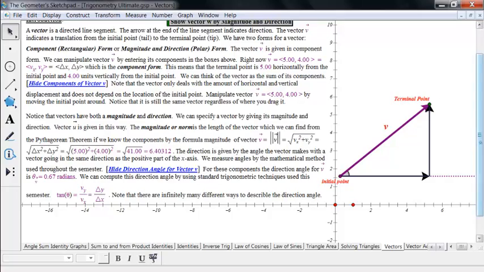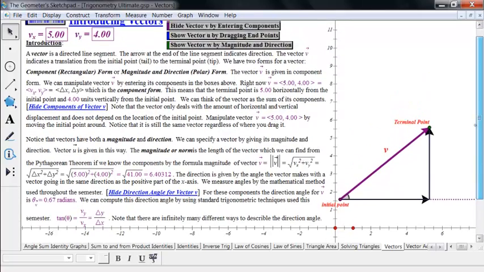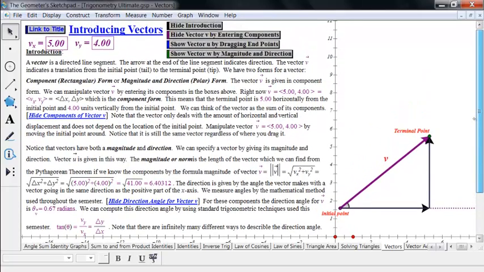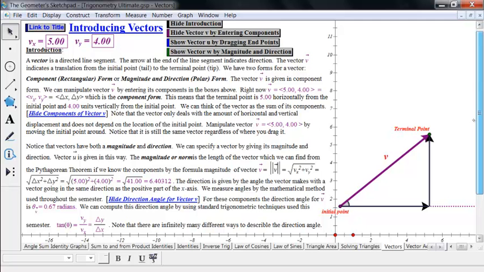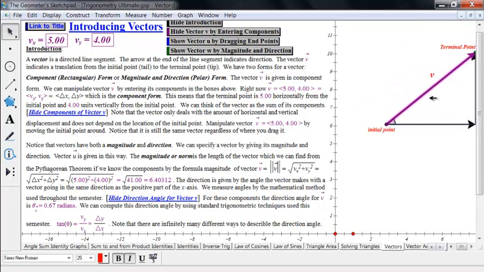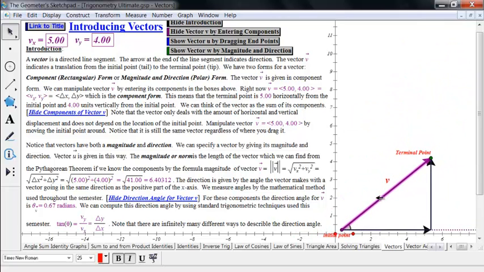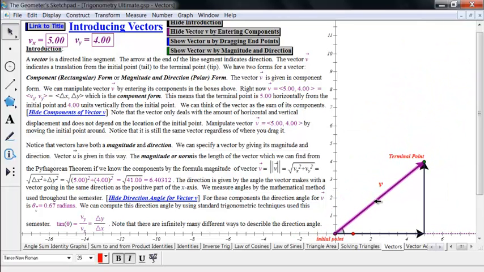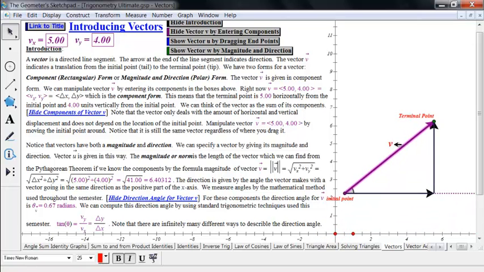Okay? Now, the next thing that we want to notice is that it doesn't matter where you place this vector, it's the same vector. So it doesn't matter, I could put it starting at the origin. Now if I do that, the terminal point actually is the point 5, 4. But of course it doesn't have to be there.